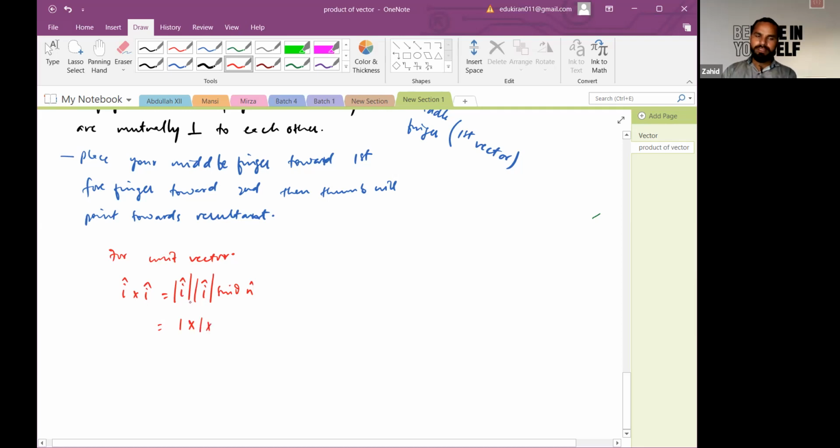And since these two terms define the x-axis, these two must be parallel, or theta will be 0 degrees. So sine 0 will be 0. So this whole term will be 0, or you will say it will be a null vector. It may be written like this. So from this, we conclude the cross product of the same unit vector, I cross I, j cross j, or k cross k, will be 0.